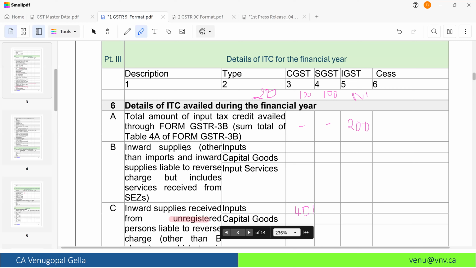Now, how will you report it in your 6B? 6A is 0, 0, 200. 2B is 100, 100, nil. What will you do in 6B? Will you report it as 0, 0, 200 or 100, 100, 0? Is this question clear?